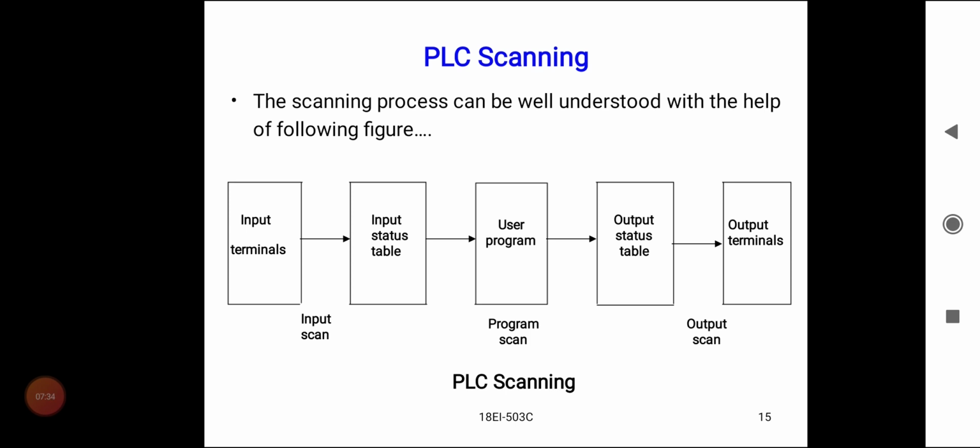The input scan consists of input terminals and the input status table, the program scan has the user program, and the output scan contains the output status table and output terminals.